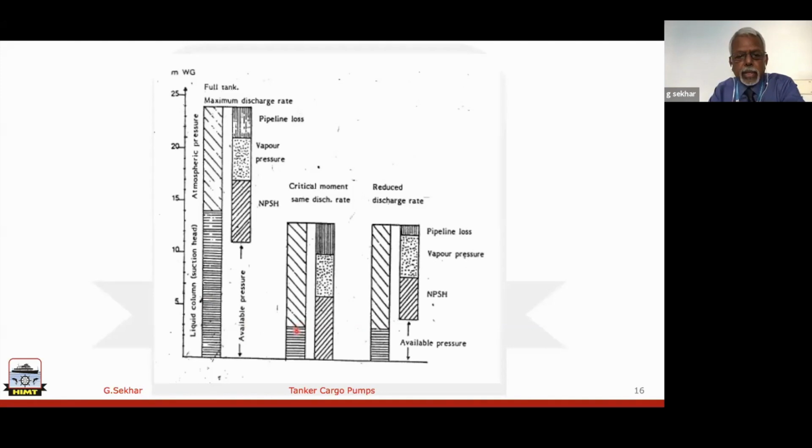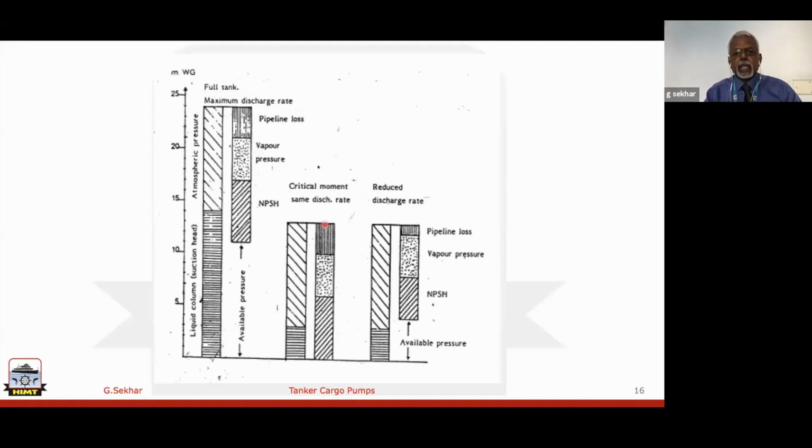Now you have only this much cargo to go. On this side the pipeline losses are the same, because the discharge rate is not changing, you just take this and put it here. So both are the same now. This is the critical moment where the pump may lose suction, and cavitation may occur.